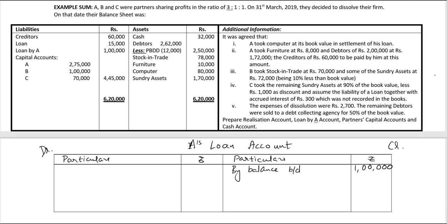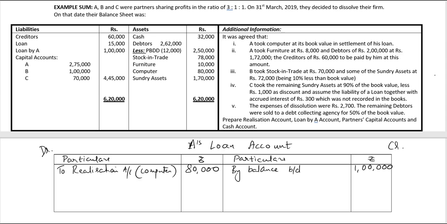As per first point, A took computer at its book value in settlement of his loan. The book value of the computer is 80,000 rupees. So to realization account for the computer taken over, 80,000 rupees.